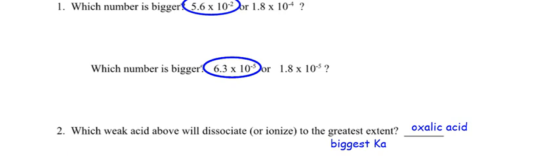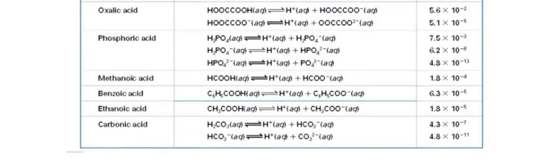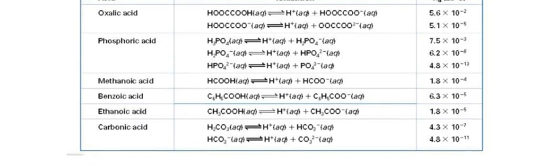So which of the weak acids remain mostly unionized? Which one stays together the most? All right. Well, what are you looking for? The smaller the Ka. Which of these values has the smallest number? Well, it looks like this number is right here. What does that relate to? This.